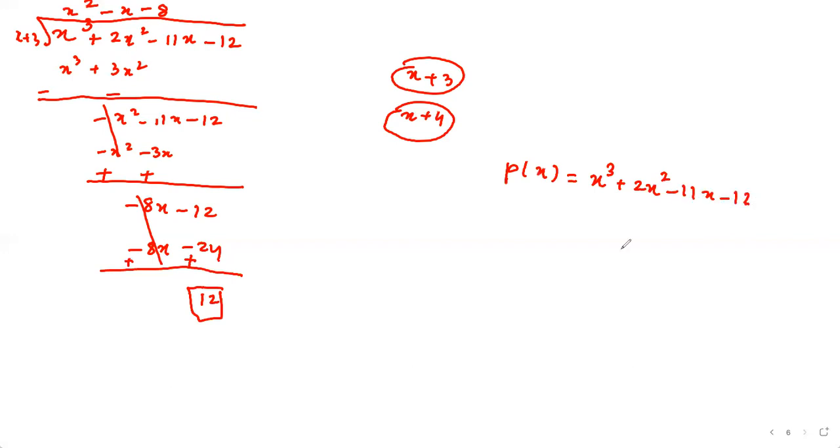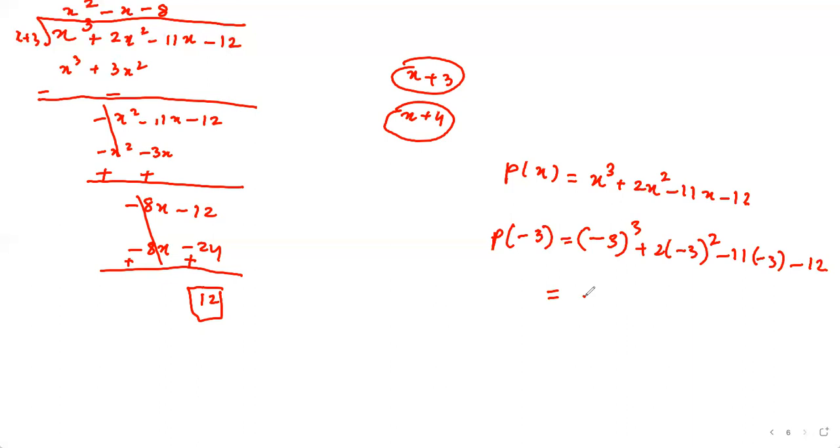What I wanted to do is find out what p of minus 3 is, and let's see what that answer comes to. So minus 3 cubed plus 2 times minus 3 squared minus 11 times minus 3 and minus 12. And when you find out, I'm pretty sure this answer is going to be 12.